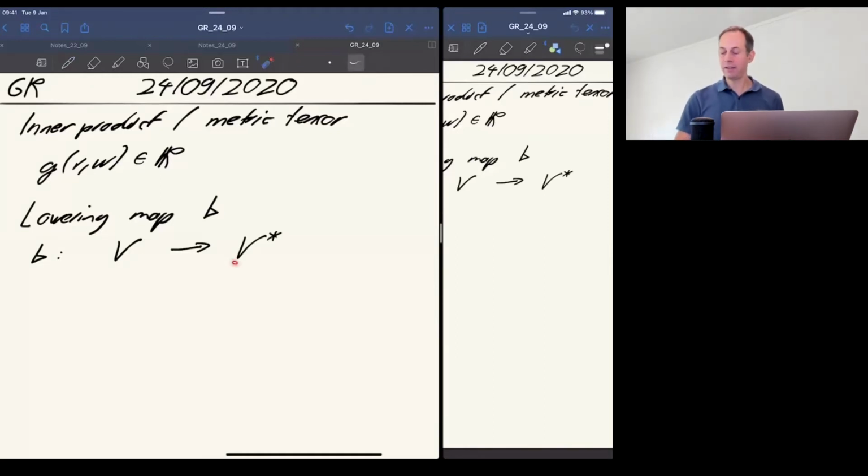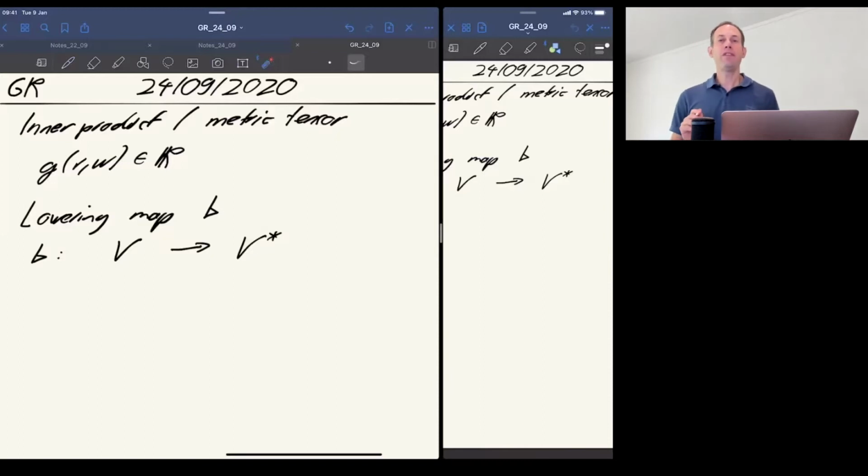Whereas the elements of the dual space, V star, if I write them in terms of components, the indices of these components are downstairs. So far, there was no real direct connection between the vector space and its dual space. There were just two spaces that we said have the same dimension and are in that sense isomorphic. But we couldn't take a vector v from capital V and understand it as an element from V star.